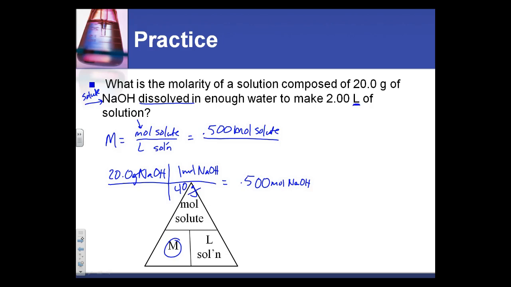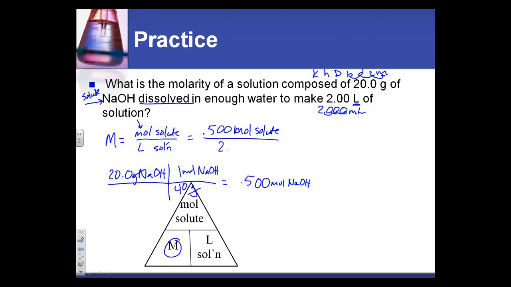Now in this problem I kind of made it easy and I put the volume in liters, but quite often that is in milliliters. So I could have put 2,000 milliliters, and Millie, King Henry's daughter, bakes delicious chocolate muffins. Millie's way over here, and to go back to the base unit, 1, 2, 3. So 1, 2, 3, that would give me the 2 liters.